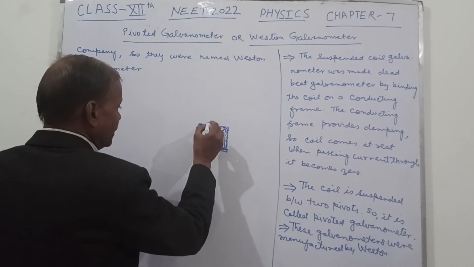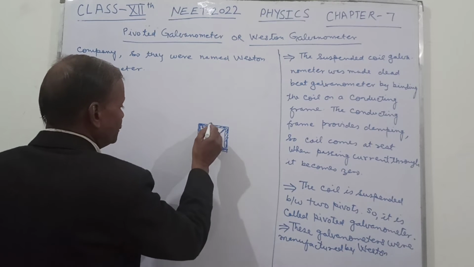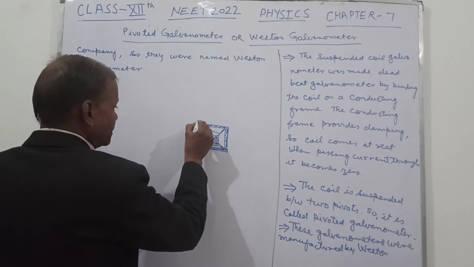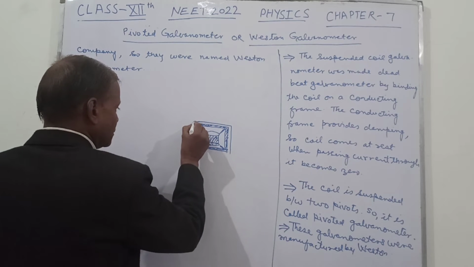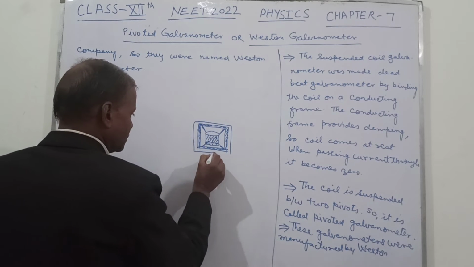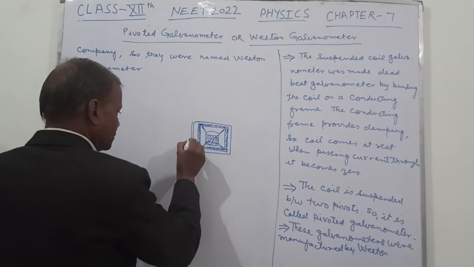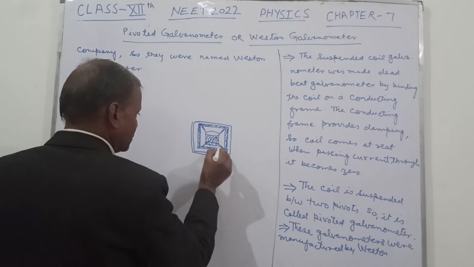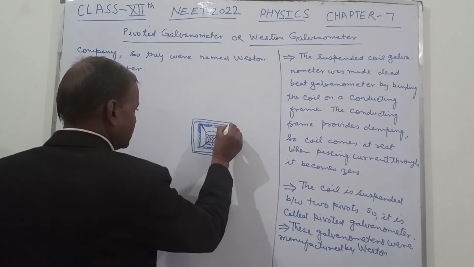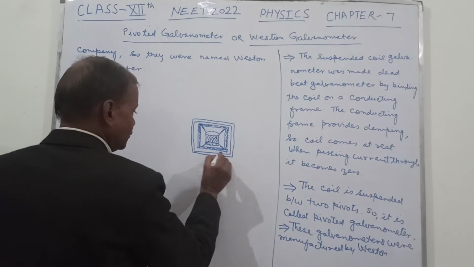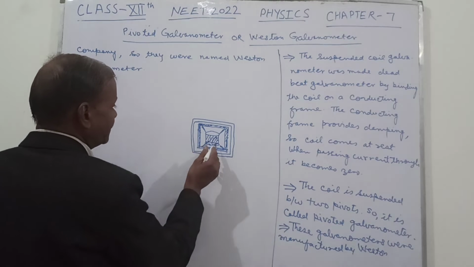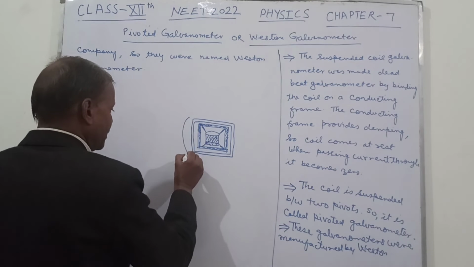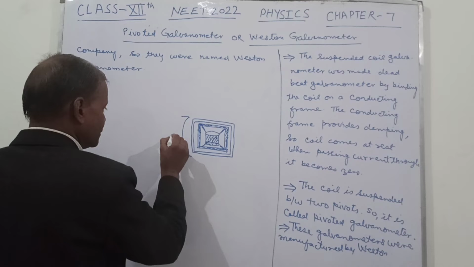And these are the wires on which they are constructed. This is the coil, this is the frame, and here we are having the magnetic pole pieces.